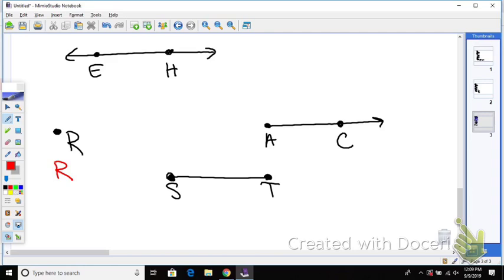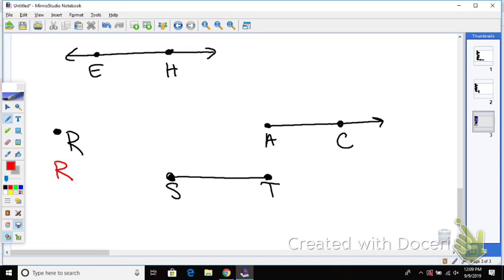So label this, she told you that that's R. So see how she wrote it in another color? So we're gonna label this as a line, just like we talked about. So a line is gonna be the 2 points, and you're gonna name it like this, with that over it.